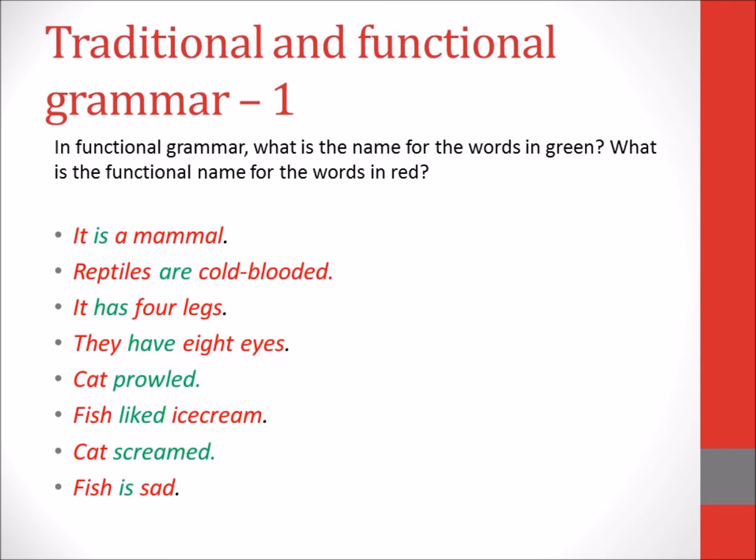What about proud? What type of a process is proud? Remember, you can choose from action, saying, sensing, feeling, or relating. Prowling is an action, isn't it? Okay. Fish liked ice cream. That's going to be a sensing, feeling process. Cat screamed.